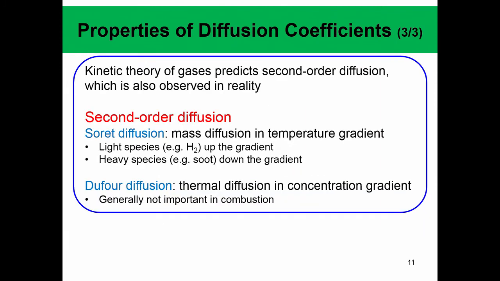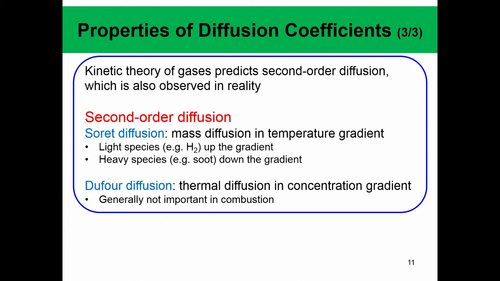Now, in kinetic theory, there is also second order diffusion, which is actually observed in reality. What is second order diffusion? It is when there is a temperature gradient and you are considering a multi-component species. Not only is heat transferred, but there is also mass transfer.